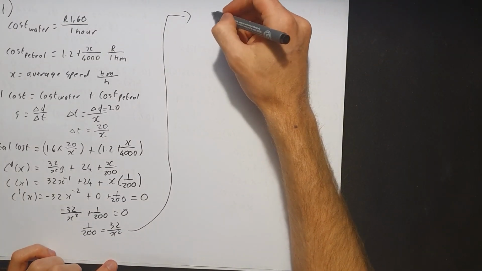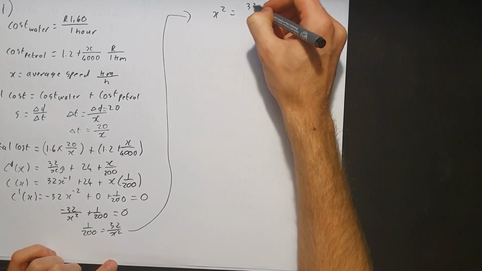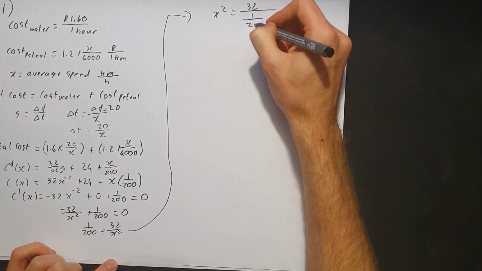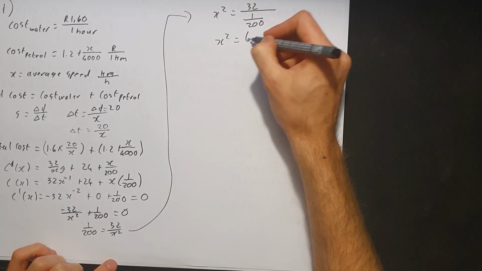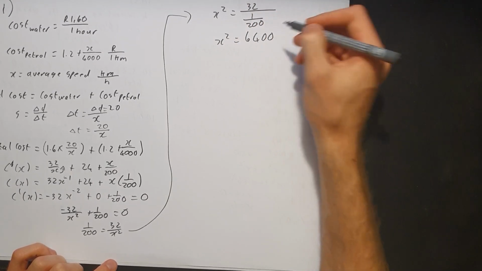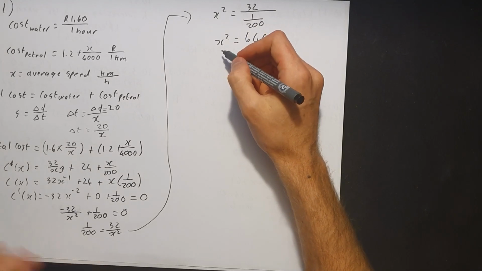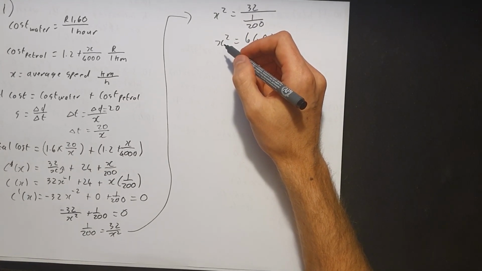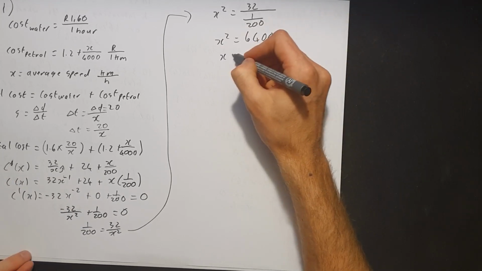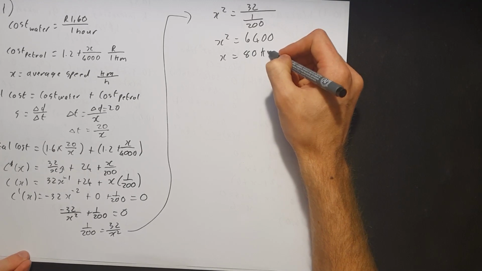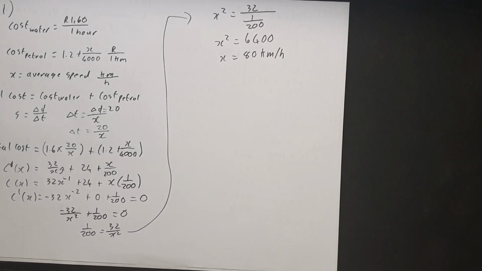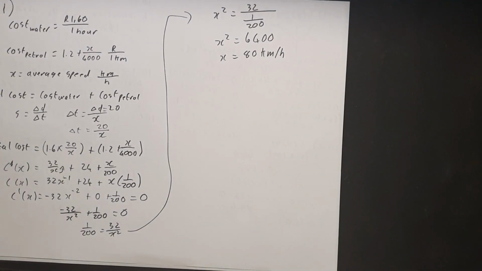So then we're going to have x squared equals 32 over 1 over 200, and if we multiply that out, we get x squared equals 6,400. Now we can just solve for x. All you have to do is square root it. You're going to get x equal to 80 kilometers per hour. And that's how we keep our cost to a minimum.